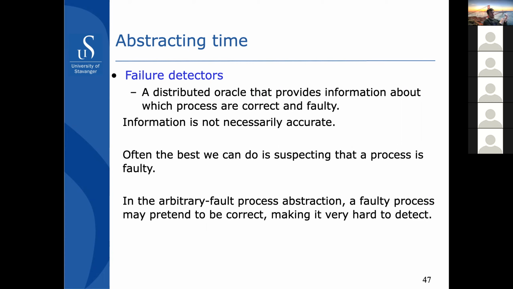If a process crashes and your upper bound is, let's say, 10 seconds, then other processes in the network will not definitely know that the crashed process has actually crashed before these 10 seconds have elapsed.